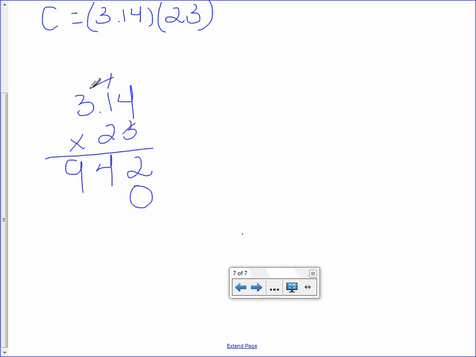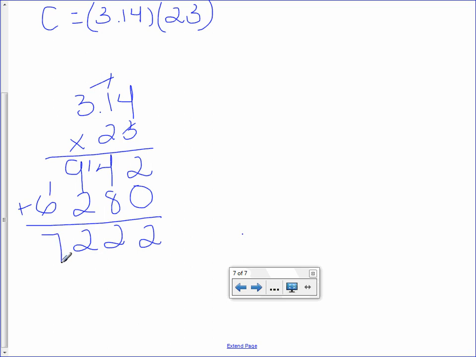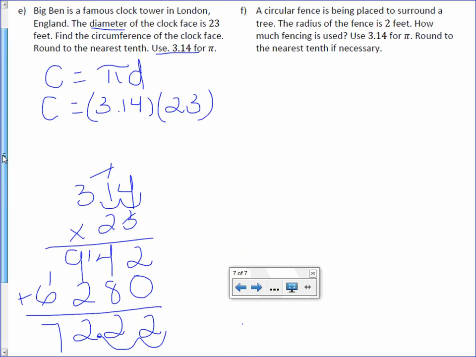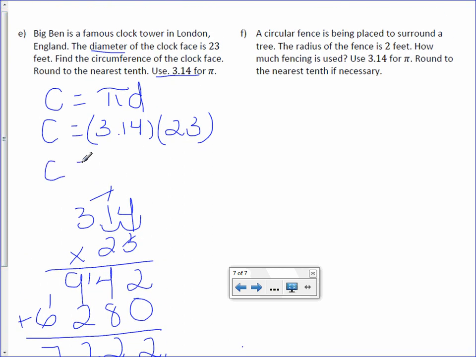Put a placeholder. 2 times 4 is 8. 2 times 1 is 2. 2 times 3 is 6. Add them up. 2, 12, 12, and 7. Because I have two numbers behind the decimal point, I need to have two numbers behind the decimal point here.